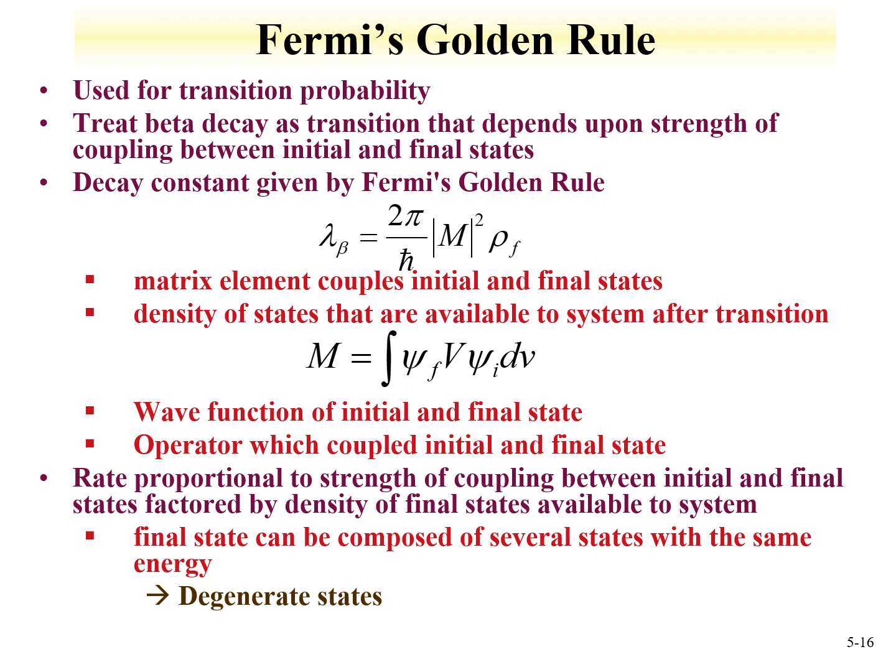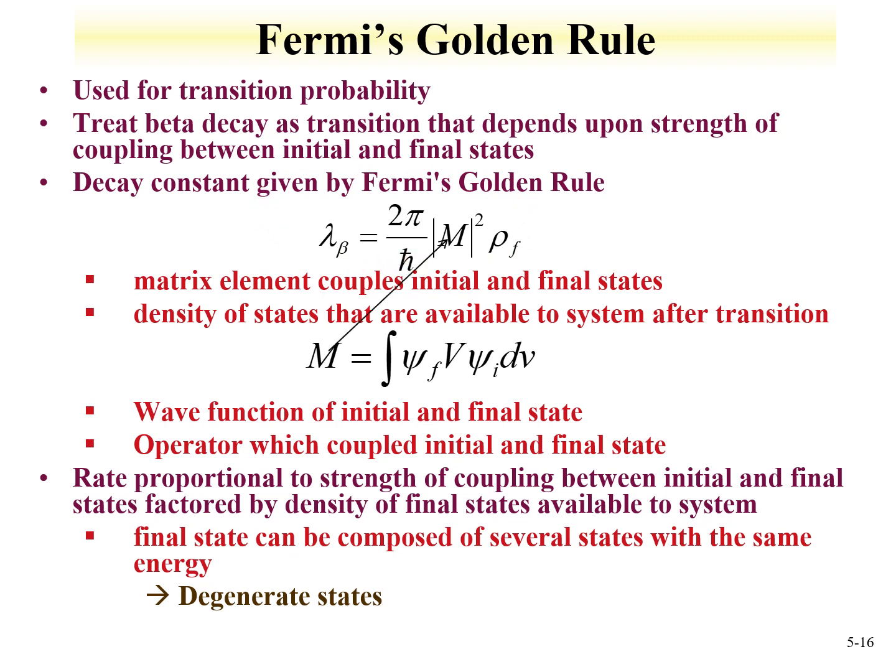If it's low, the transition probability is low. From Fermi's golden rule, we have this equation where the decay constant is equal to 2 pi divided by h bar, times this matrix element, times the density of states that are available to the system after transition. The higher the density of states, the more states available, the higher the probability of this transition.